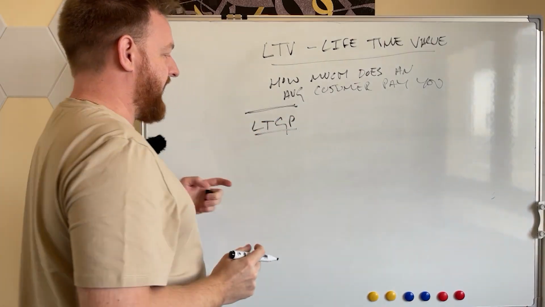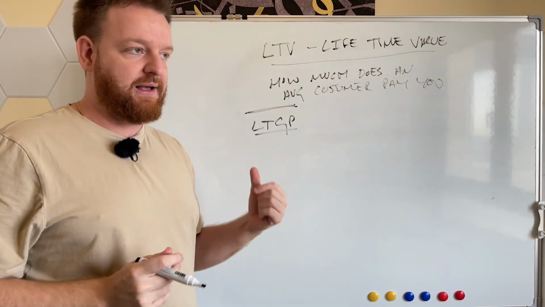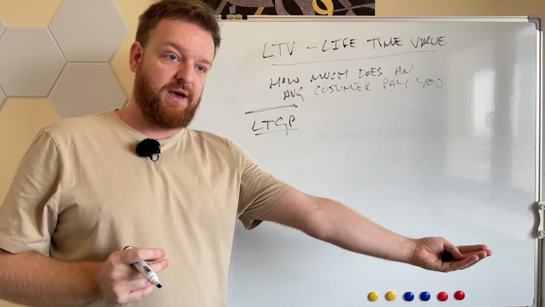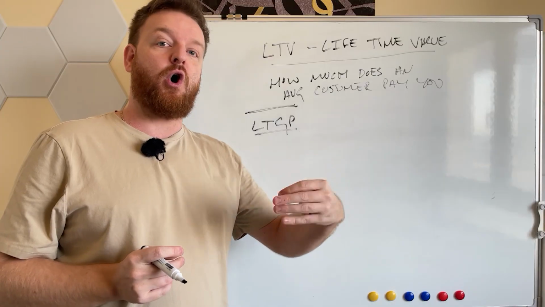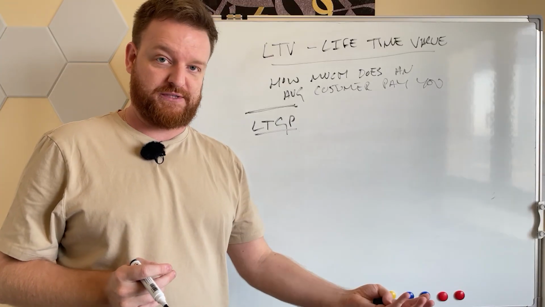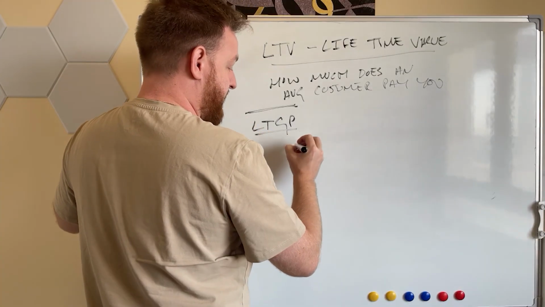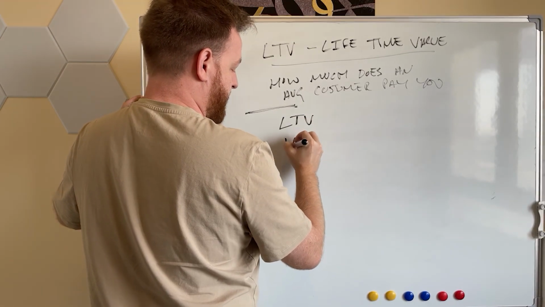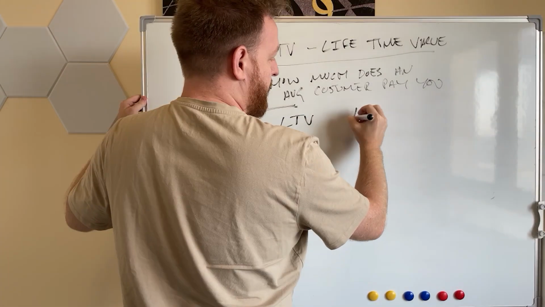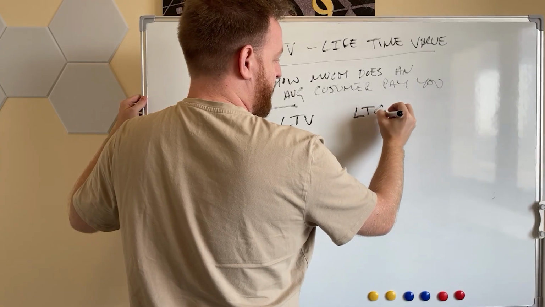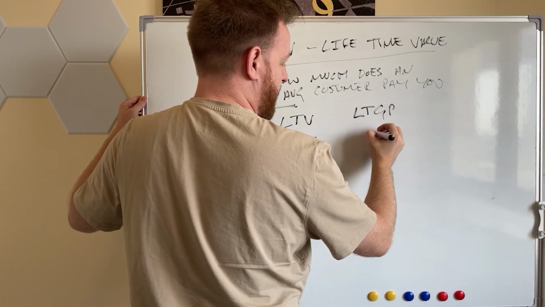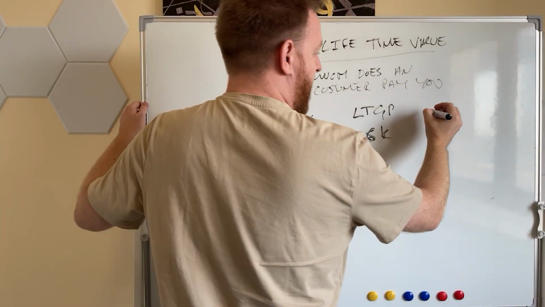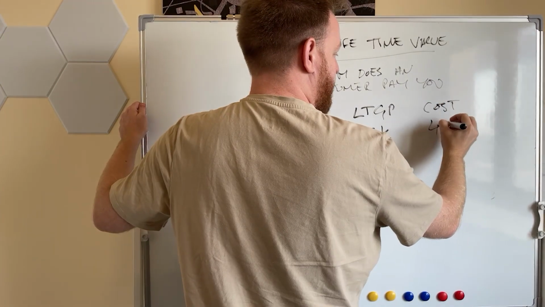A bit like with CAC, lifetime gross profit is essentially how much a customer is worth to you minus the cost of fulfilling for that customer. Let's break this down. Let's say we've got lifetime value, and for the sake of argument, it's 10,000. We might say lifetime gross profit of this person or this offer is 6K. So this means our cost is 4K.